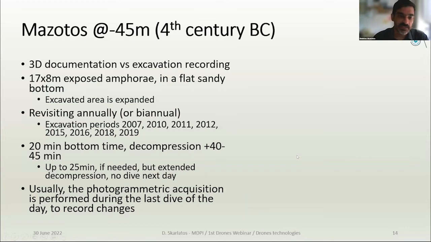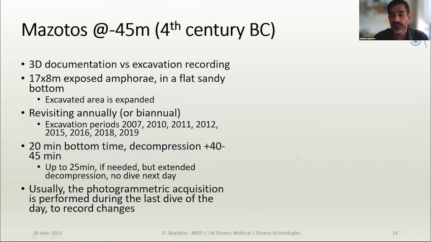Each diver has 20 minutes per day on the site, and then has to follow a decompression sequence of 40 minutes or more, so let's say at least one hour of diving.